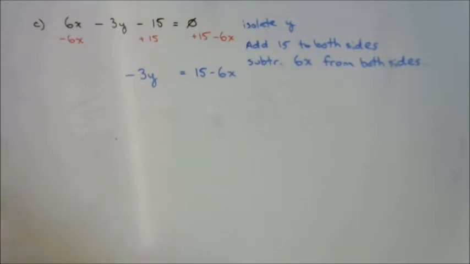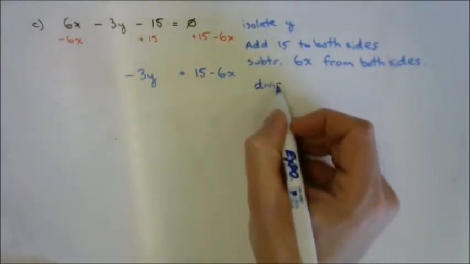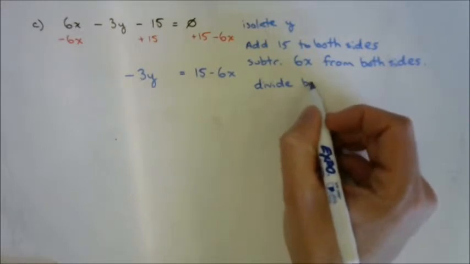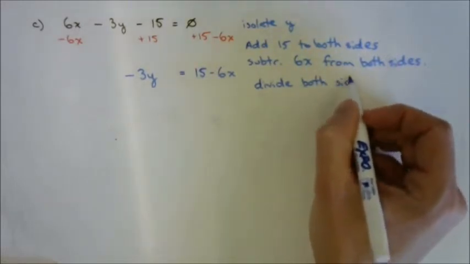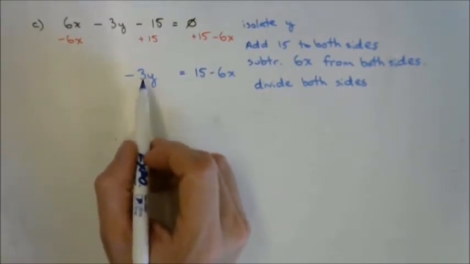My next step, think about it first. Who's got an idea? Close. Divide by 3? No, plus 3? I'm going to just stop you before I write it. Think again.